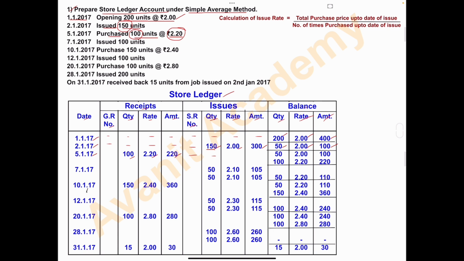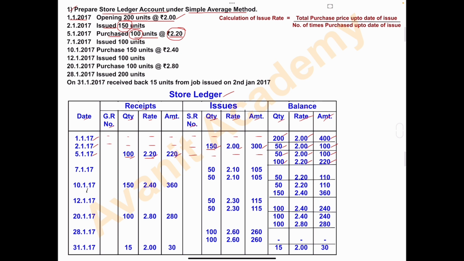Issues column nil. The previous balance, whatever it is, must be written first. That is 50 units. Rate per unit is 2 and total amount is 100. Now what we have recently purchased, 100 units at rupees 2.20, we have to add that in the balance column. 100 units. Rate per unit is 2.20 and the total amount is 220 and close this.